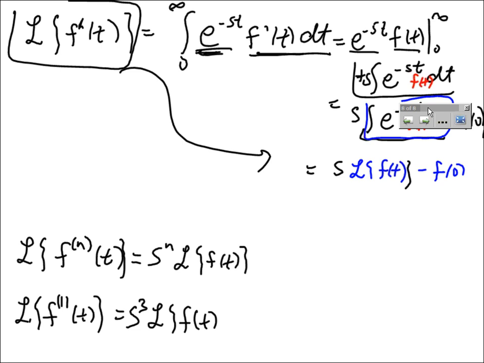Now, everything else is going to be minus. It's going to be minus s squared, and then minus s to the first, and then minus s to the 0. And it's going to have f of 0, f prime of 0, and f double prime of 0.